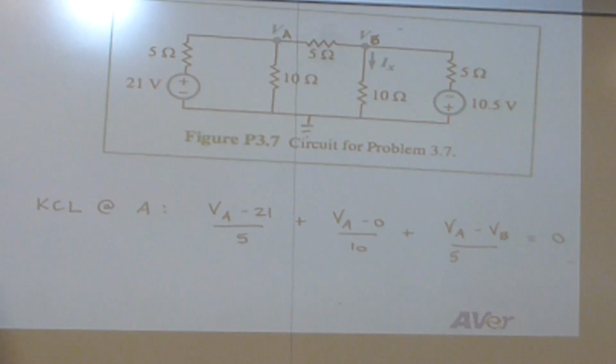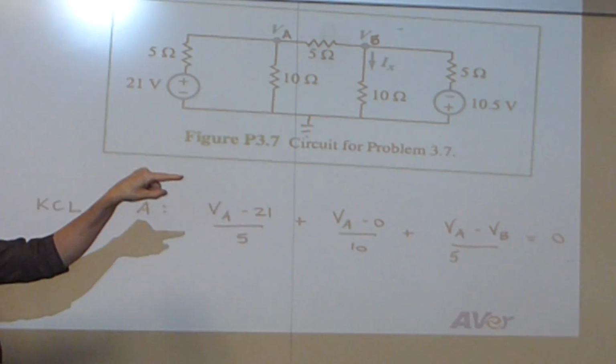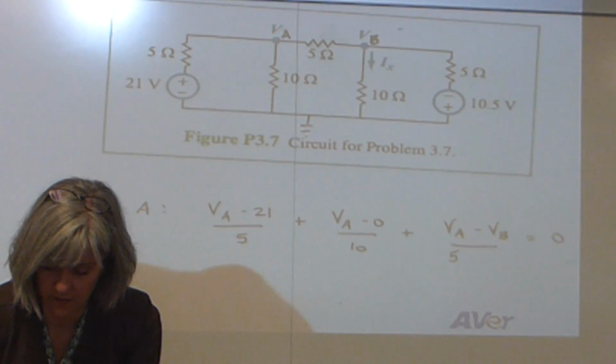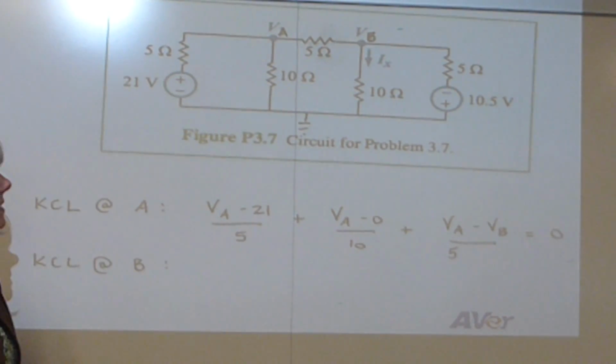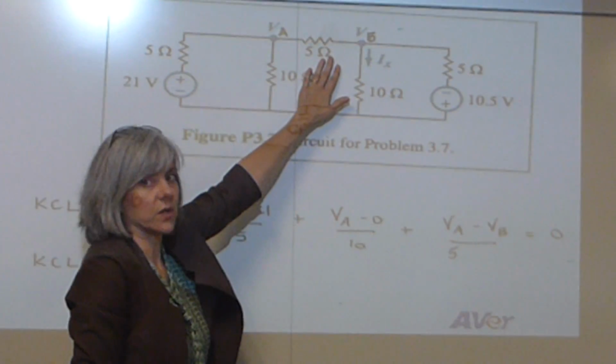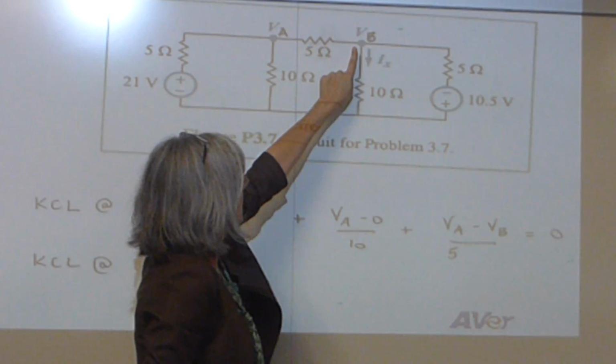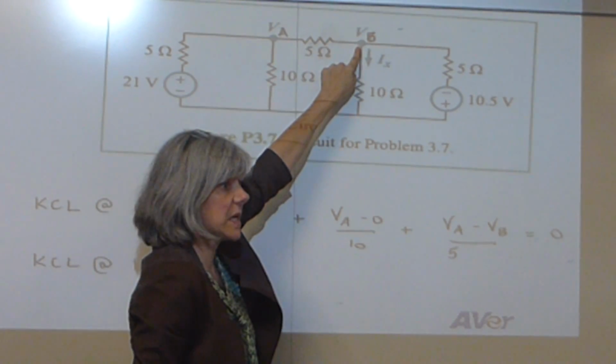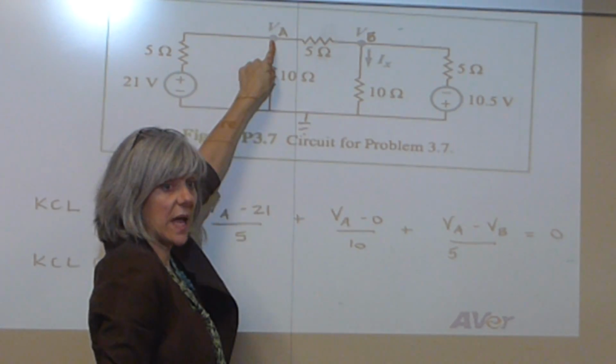Okay, now we need to do it again, but from the perspective of V sub B. So now we're going to write another equation, KCL at B. Again, I can start on the left, your choice. If I want the current coming out here, it's V sub B minus V sub A over 5.